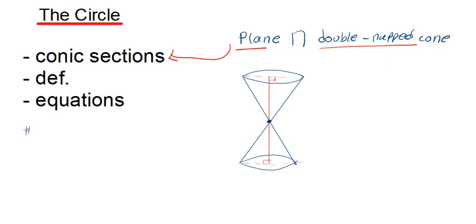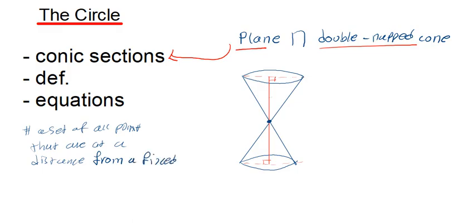So, just talking about a set of all points that are at a distance from a fixed point called the center. And that distance is called the radius. It's indicated using r.